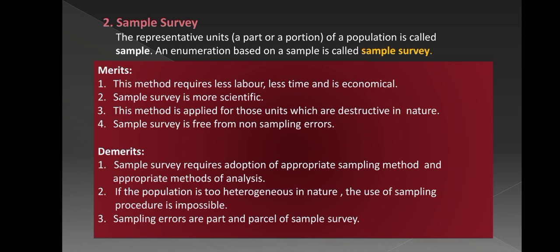But since it is not possible to survey the whole population, we are randomly picking a few samples from that population and doing the survey for those samples. So at that time some errors occur, because we had to survey the whole population, but we are surveying only the sample. These errors are called sampling errors, and they are a part of the sample survey. It goes throughout the sample survey procedure.